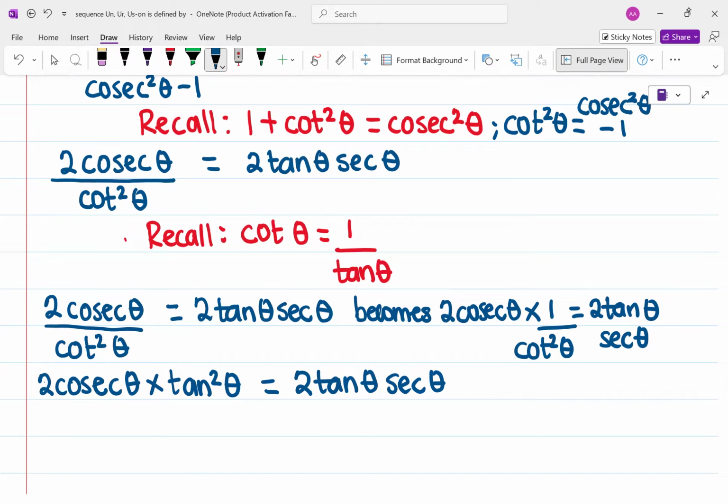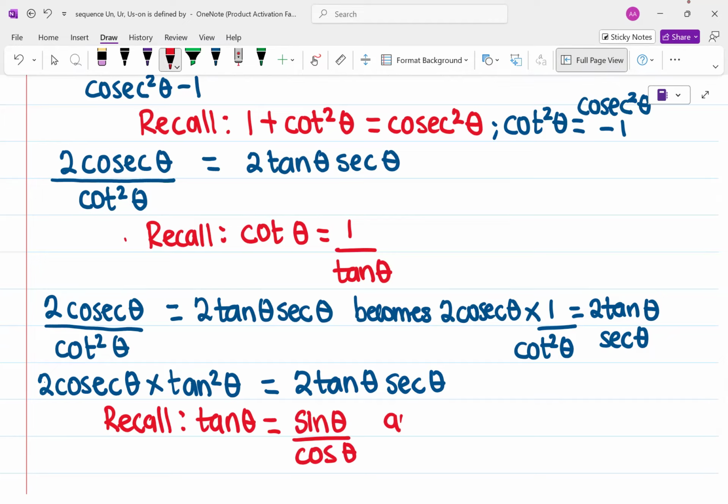When we solve this further, you will recall that tan theta is equal to sin theta over cos theta, and also cosec theta is equal to 1 over sin theta.